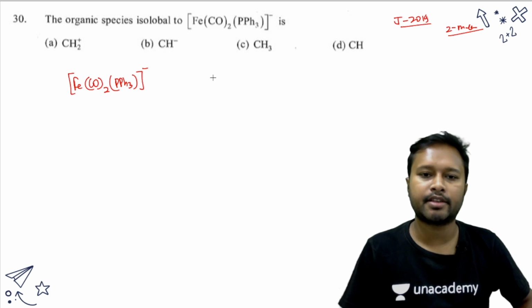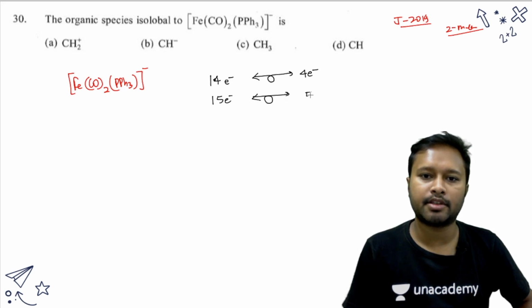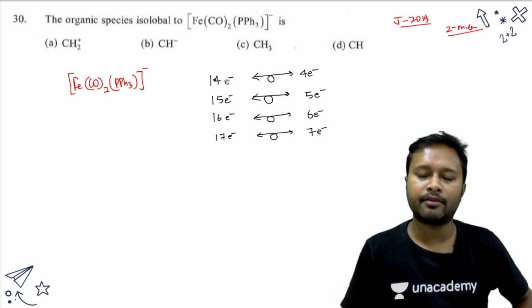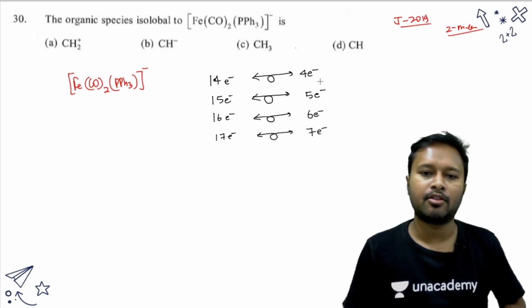If a transition metal complex fragment has 14 electrons, it is isolobal with a 4 electron species. 15 electrons is isolobal with a 5 electron species, 16 electrons with a 6 electron species, and 17 electrons with a 7 electron species. These are transition metal fragments and these are main group fragments.